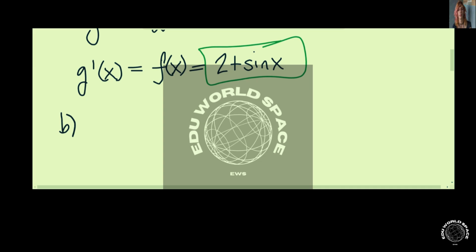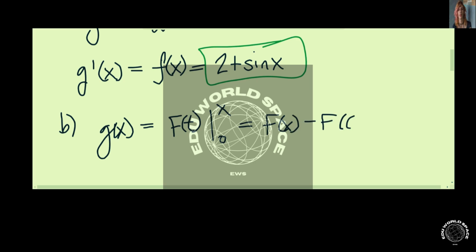Now, using the second part of the fundamental theorem of calculus, we can also represent g of x as the antiderivative big F of t evaluated from 0 to x. And so, plugging in, this is equal to big F of x minus big F of 0.